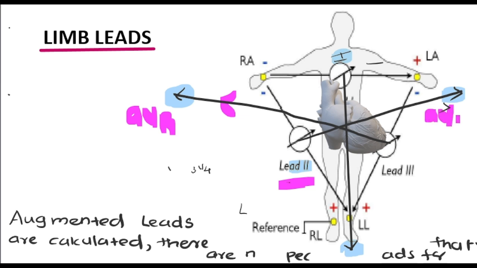So this is the augmented lead, A stands for augmented, aVL, augmented lead left. And perpendicular to lead 1 we have another lead, called aVF, augmented lead towards foot. So these are the three more leads. So we have discussed six chest leads, three limb leads, and three augmented leads.